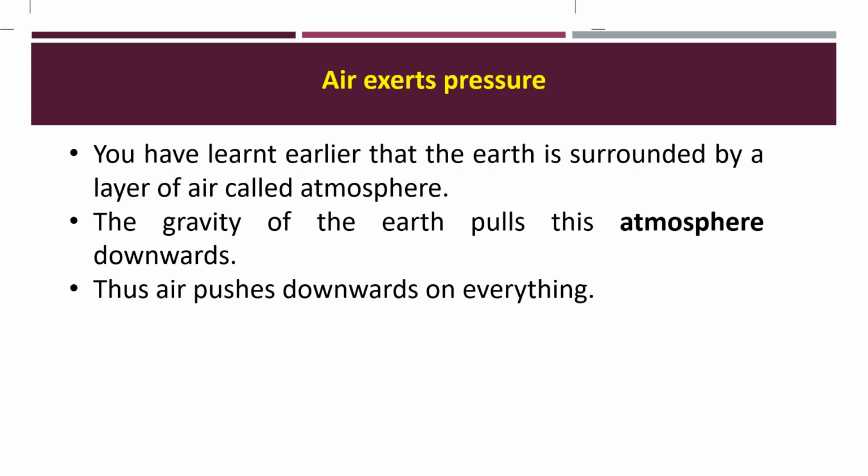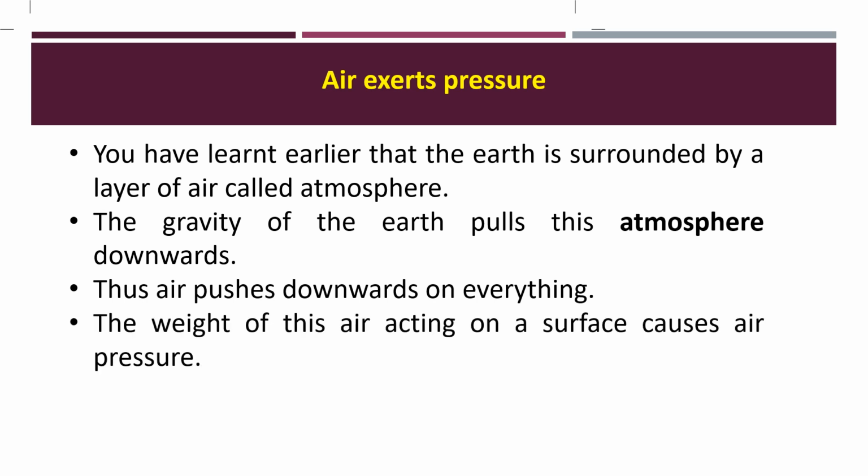Thus, air pushes downwards on everything. So, it is like air is exerting pressure on each and every thing. The weight of the air acting on a surface causes air pressure.